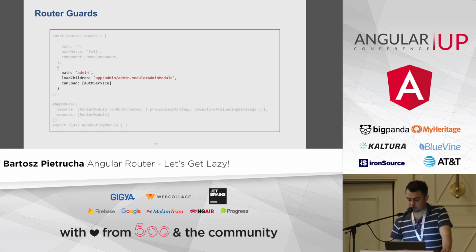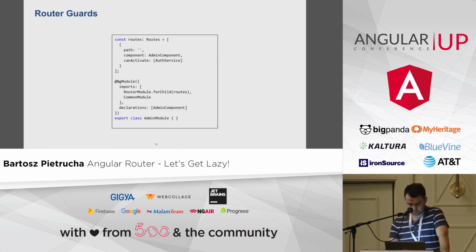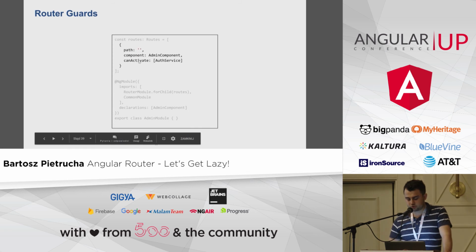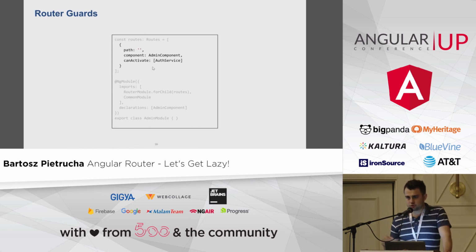You can see this actually highlighted. The same happens to canActivate. So we have the same service that implements a different method and implements a different interface, and we put it under canActivate property to tell Angular if, even if the module would be loaded, it can activate the particular component.